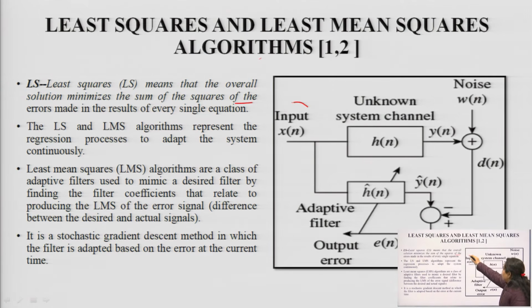This is the input signal, it is applied to a filter whose transfer function is given by H n. Then this is y n, the output, which is going to travel over the channel affected by this noise W n. The output will be given as D n. Here there is y cap n, that is the estimated value of the transmitted signal.